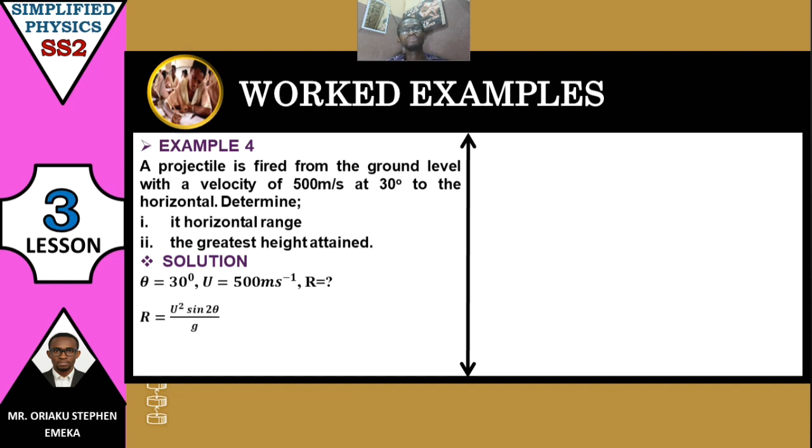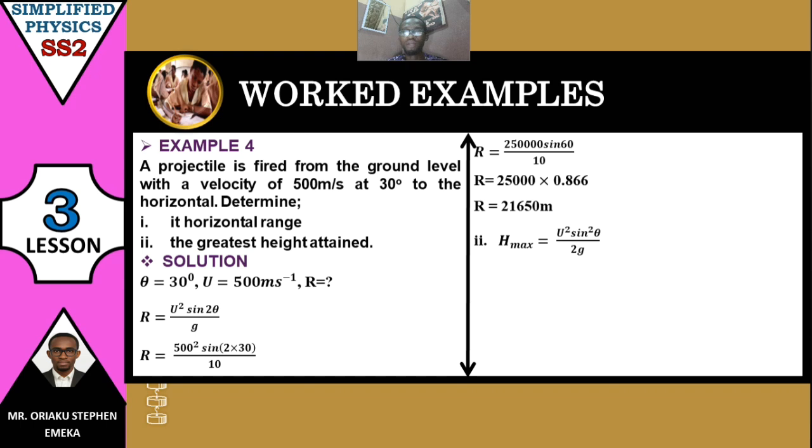We are asked to find the range. Now from the formula we have, range is equal to u squared sine 2 theta over g. So inputting all the values, we are going to get that range is 21,650 meters.